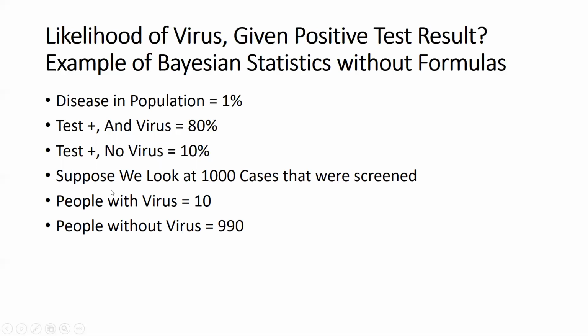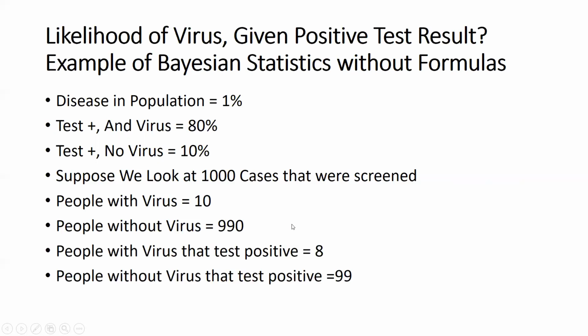If we were to look at 1,000 cases that were screened, there are only 10 out of 1,000 with the virus, 1% of the people, and 99% of the people do not have it.